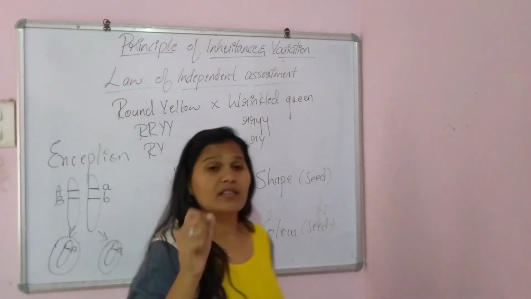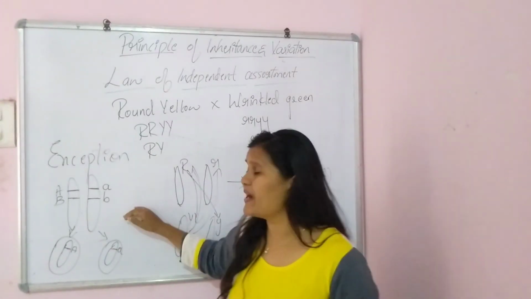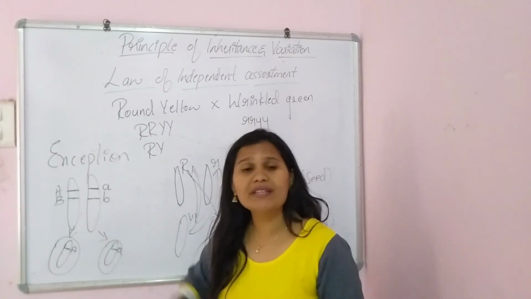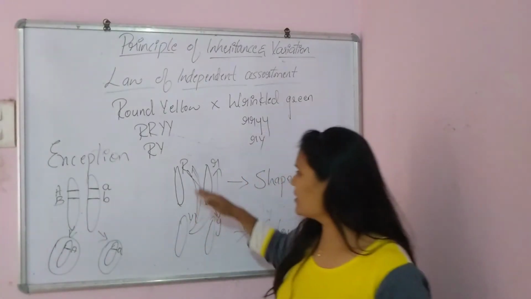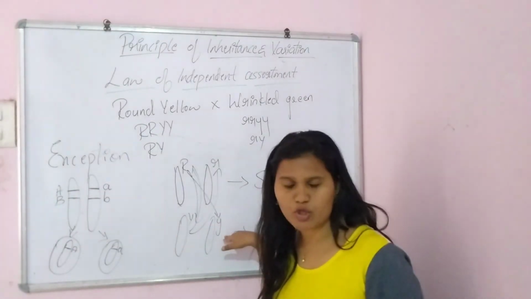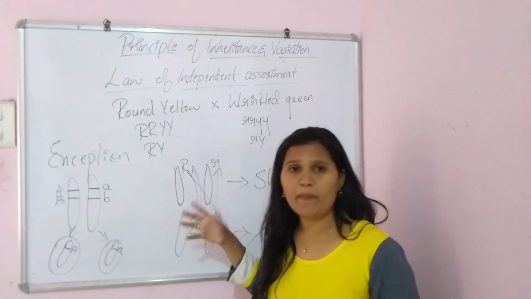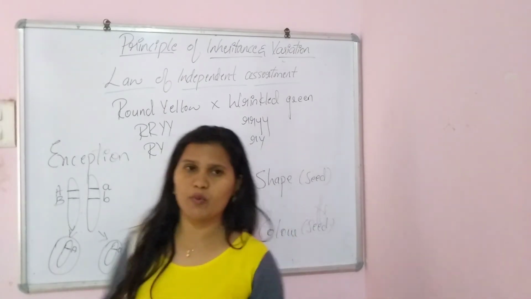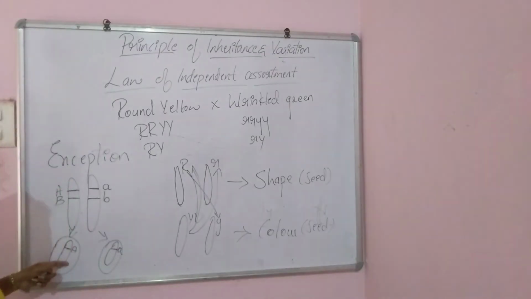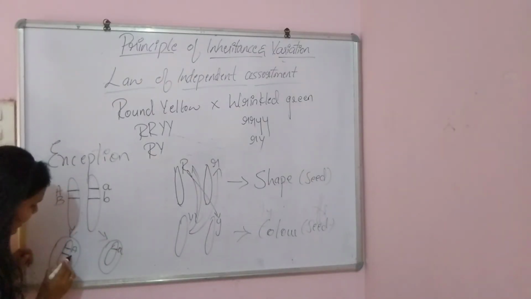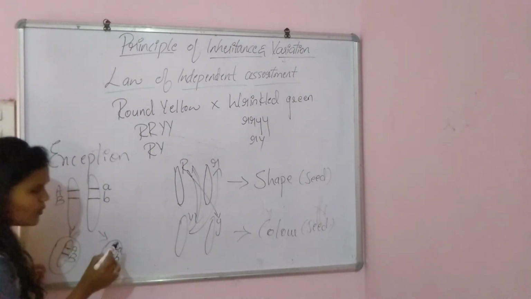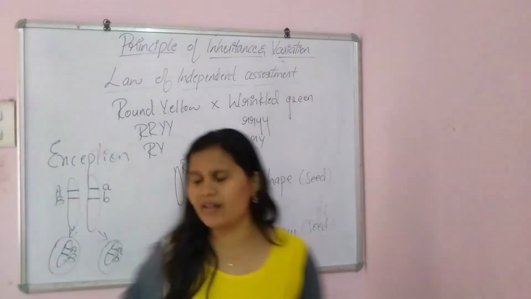But here there is no independent assortment because they are situated on the same chromosome. In the earlier case they were situated on different chromosomes, hence they had independent assortment ability, but here they are present on the same chromosome. Suppose this A gene came here, along with A the B will also come here, and here also the same thing: along with small a, small b also will get separated.